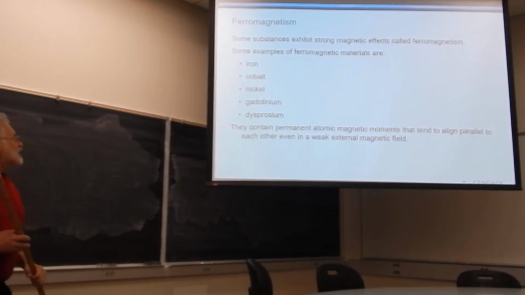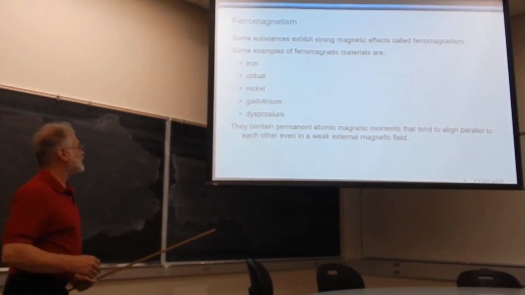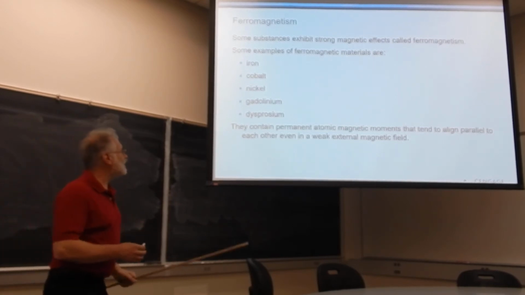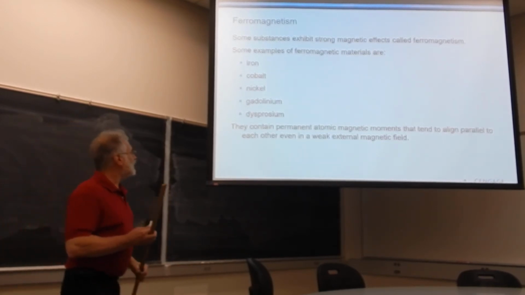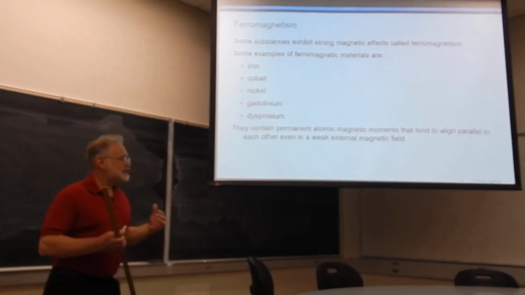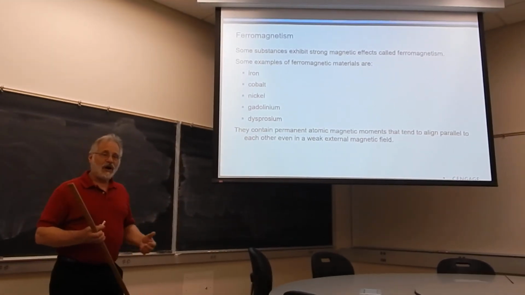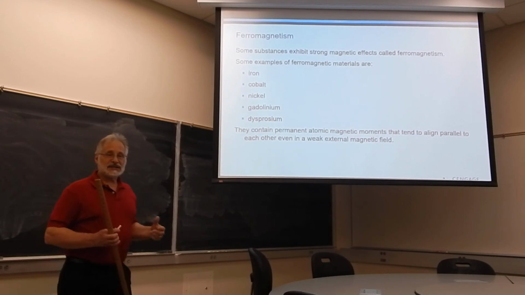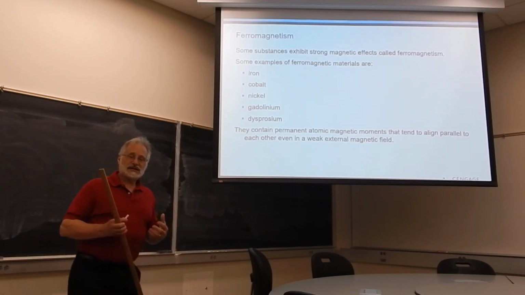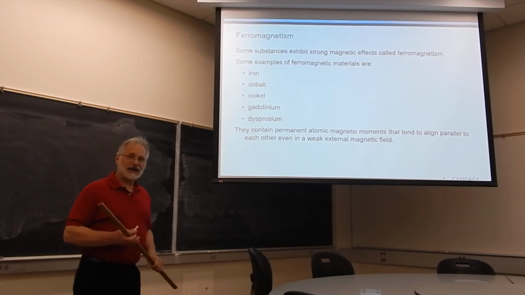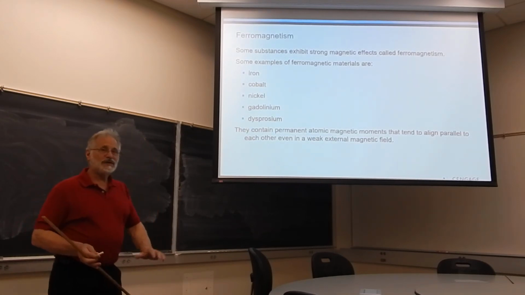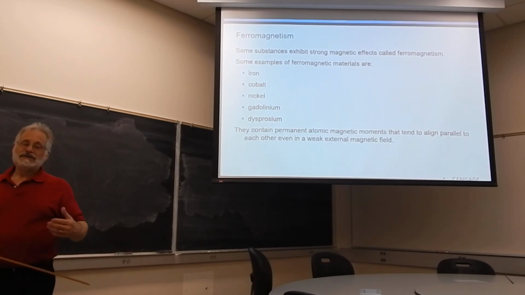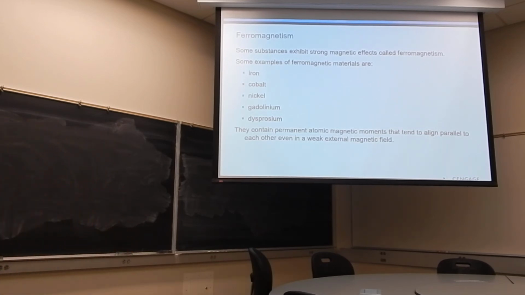If you put this element in a magnetic field, you will align its magnetic moments. But the interesting thing is that if you turn off the magnetic field, the magnetic moments still stay aligned. So the substance retains its ferromagnetic properties even if you remove the magnetic field. That's what distinguishes ferromagnetic materials from paramagnetic materials.